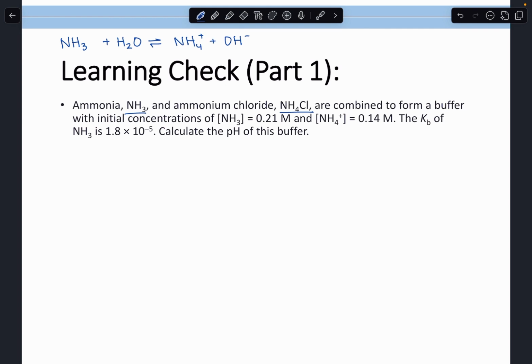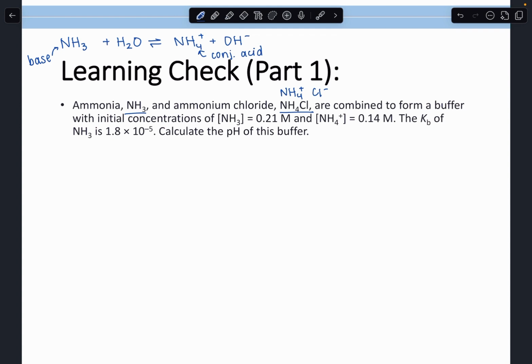It doesn't say weak base, but we have learned in class that NH3 is a weak base. So this is the base. This is the conjugate acid. And ammonium chloride is that conjugate acid with a chloride ion. So we have a base and conjugate acid added together to form this buffer solution.